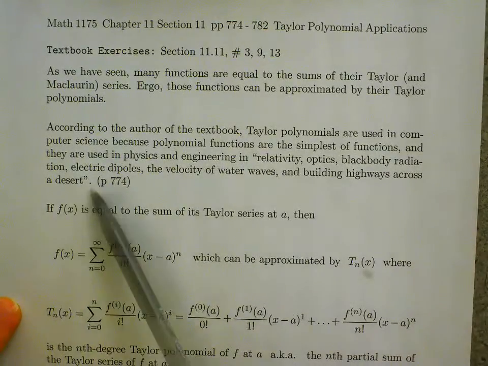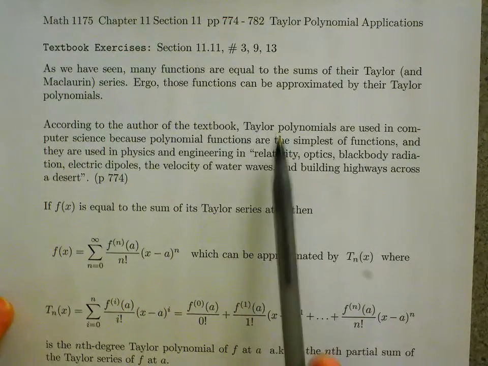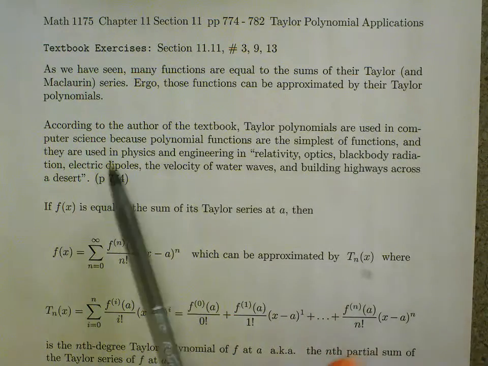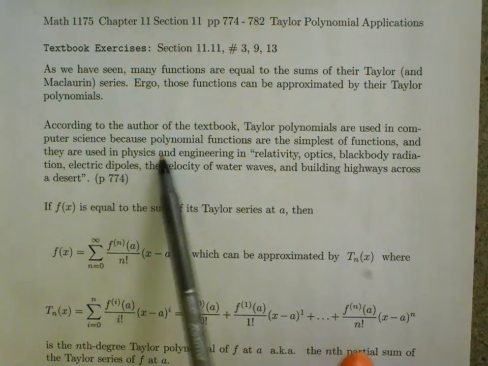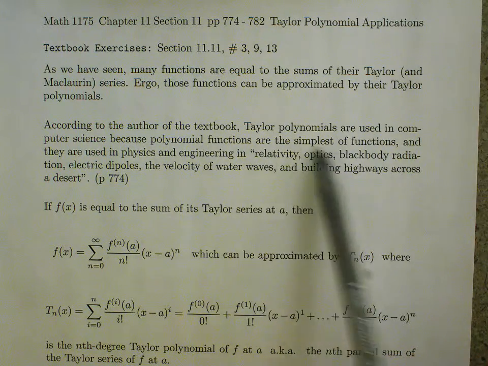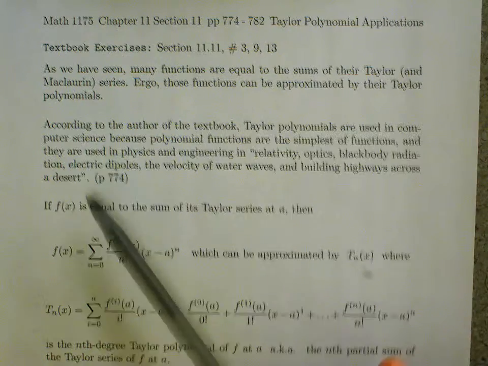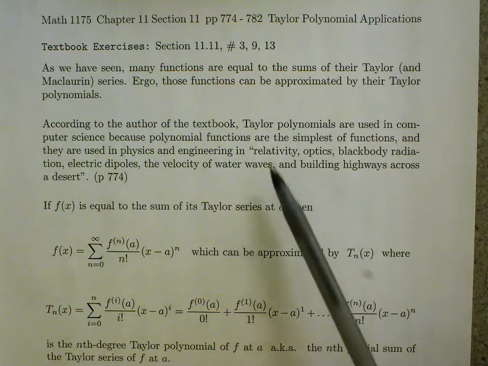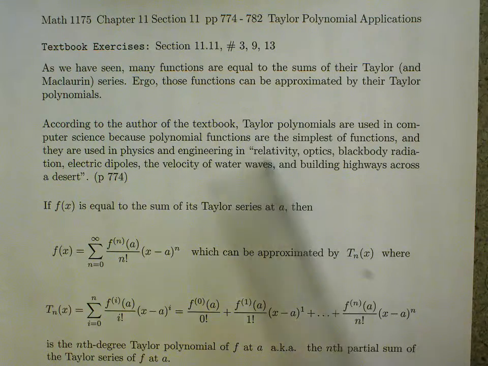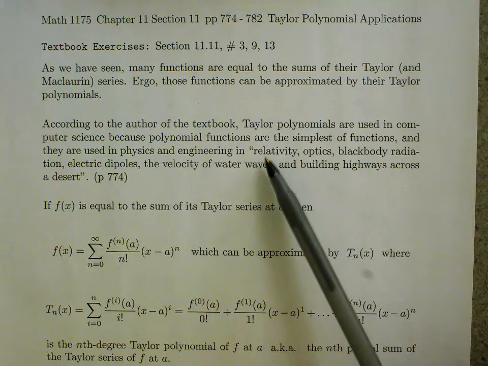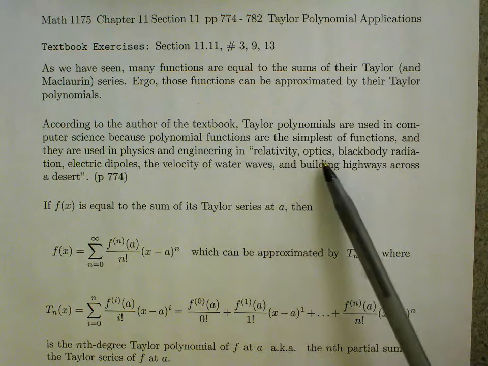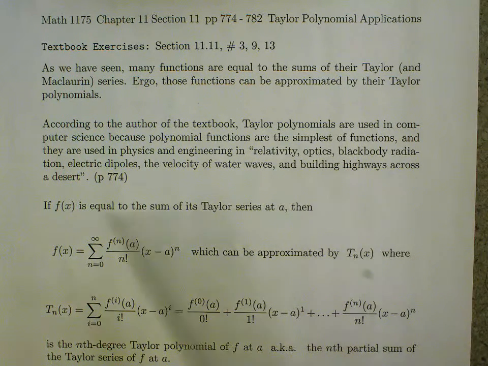And according to the author of the textbook, Taylor polynomials are used in computer science because polynomial functions are the simplest of functions. And Taylor polynomials are also used in physics and engineering. And, in quotes from the textbook, Taylor polynomials are used in theory of relativity, optics, black body radiation, electric dipoles, the velocity of water waves, and building highways across a desert.